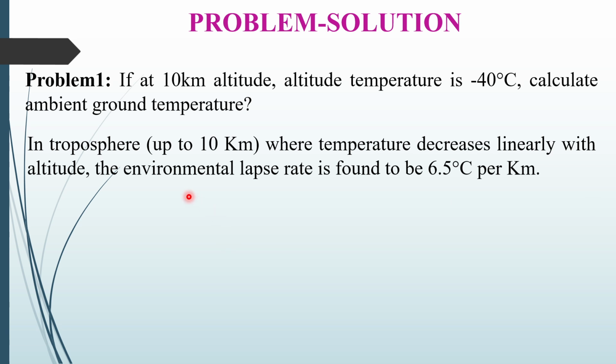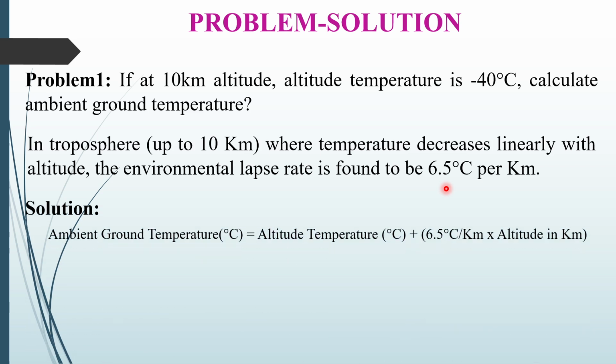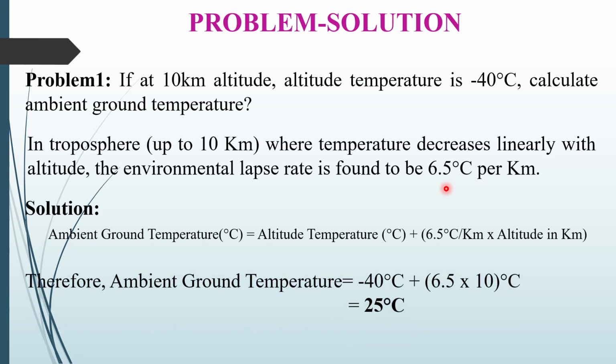The temperature is minus 40 degrees centigrade at 10 kilometers, so we come down to ground level, that is 0, using this per kilometer rate. If it changes at 6.5 degrees centigrade per kilometer, then the change will be 65 degrees centigrade, but the initial temperature is minus 40, so it will be 25 degrees centigrade for the ground ambient temperature. So using this formula, this is the result.